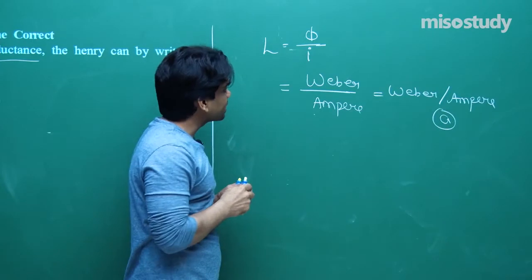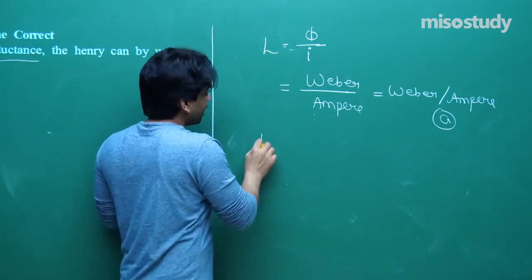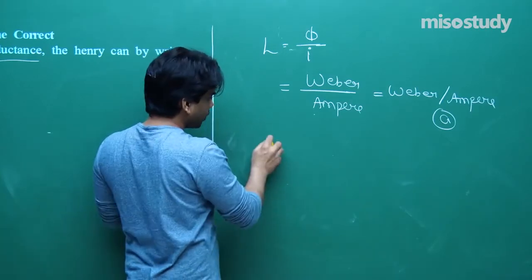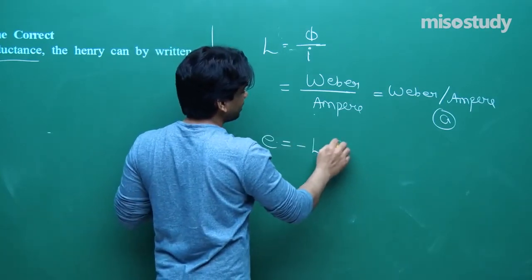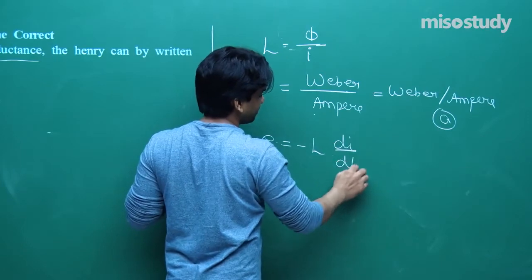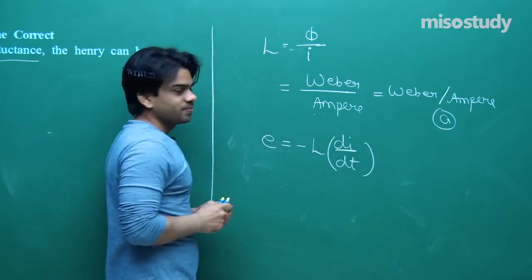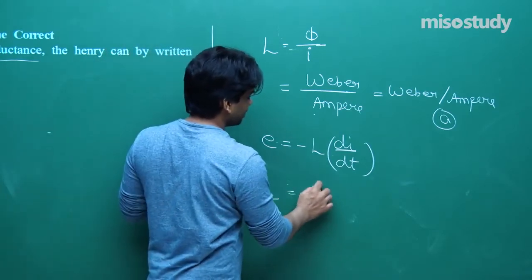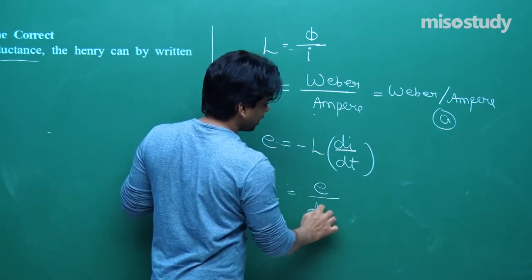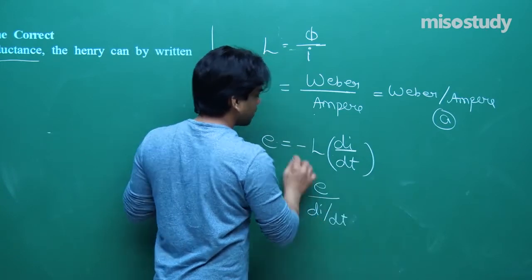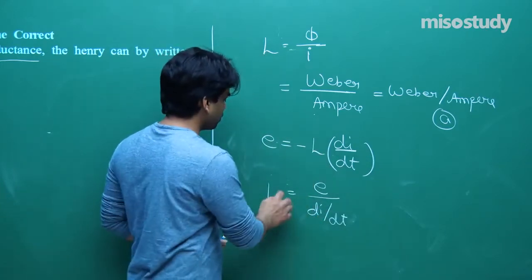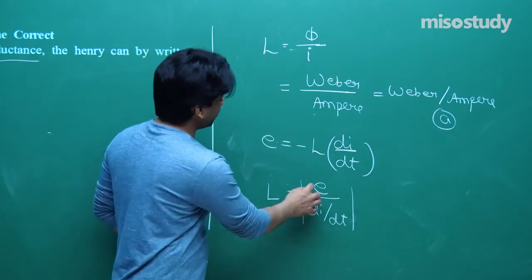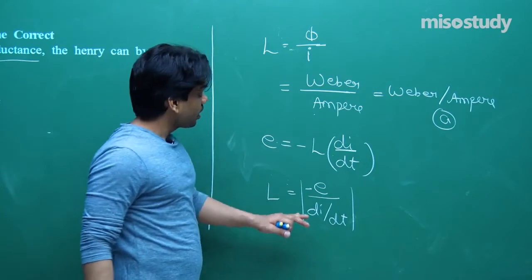Let's go with the next formula to express L. We know that the potential difference E is equal to minus L di by dt. Need not worry about this formula, you will come across it. So L can be written as E divided by di by dt. The minus sign just signifies direction, so I will use the modulus.